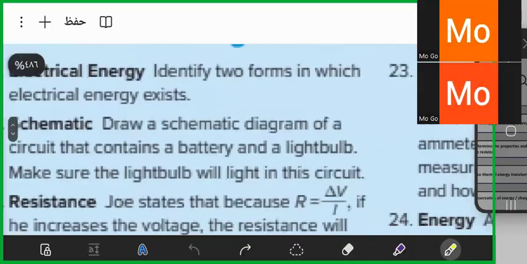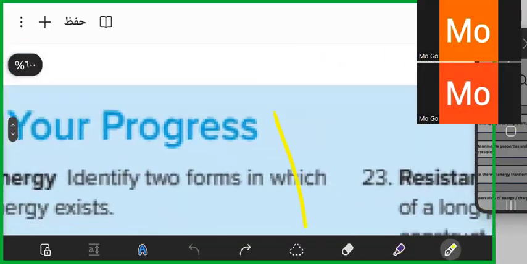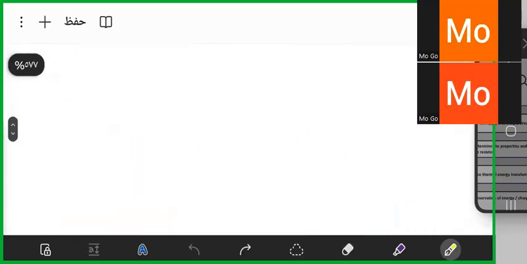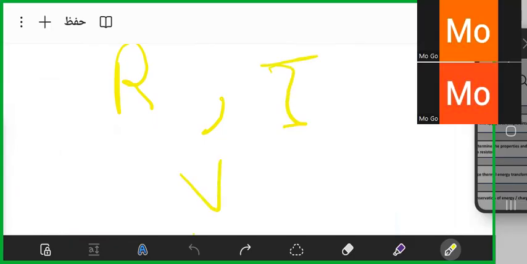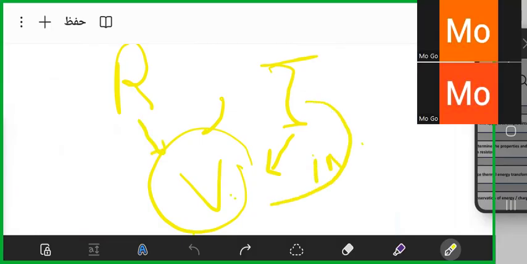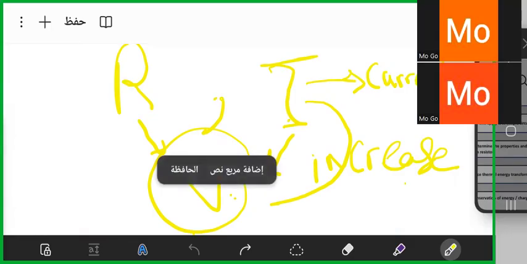So he needed us to talk about the value of that. Here we can talk about it. So he needed us to talk about what? The relation between R and I and V. So V is dominant. Why? Because if we increase the current, the value of V will increase.